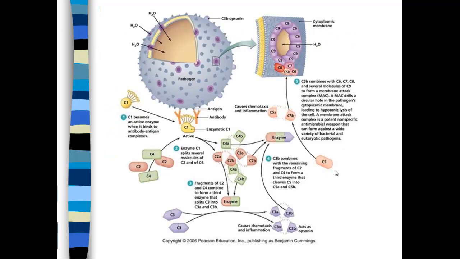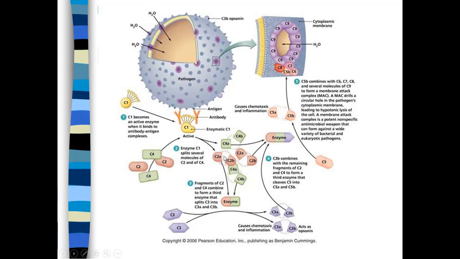Now, this is a really busy slide, but what you have here is a pathogen. The pathogen is activated by C1. C1 then recruits C2 and C4. These are active forms A and B of C4, and active forms A and B of C2.